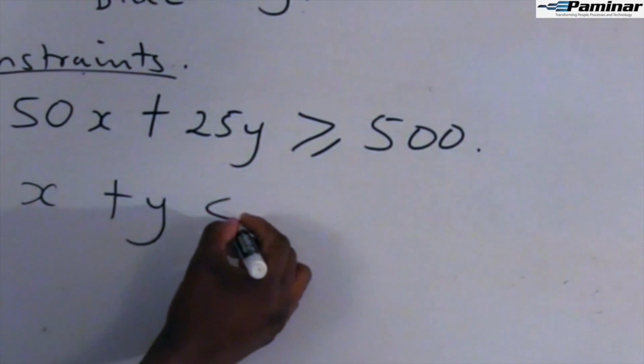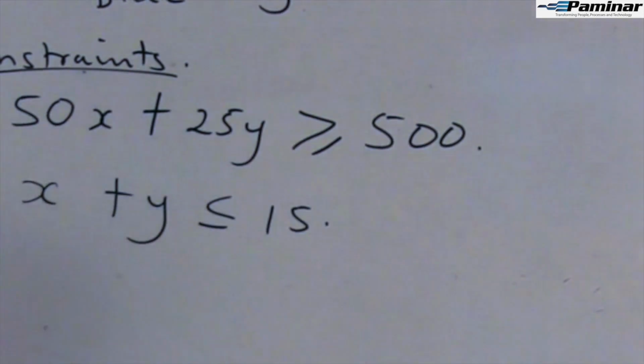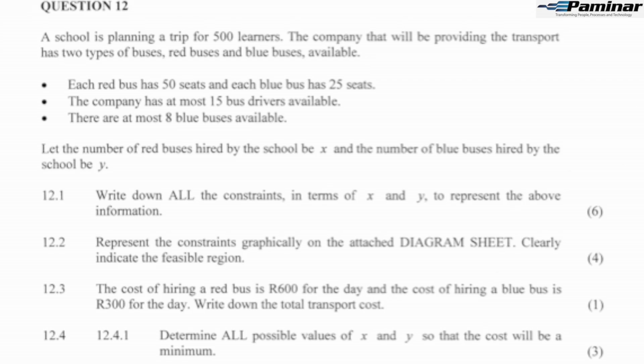So it's going to be X plus Y less than or equal to 15. That's it. Now, there are at most 8 blue buses. This is the third one. At most 8 blue buses, so Y is less than or equal to 8. Done. You get all your full marks.